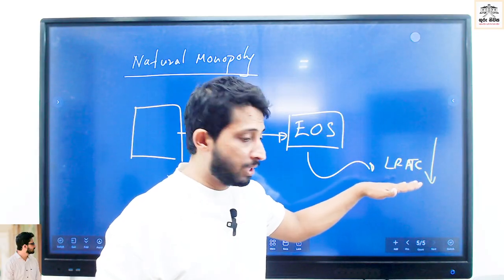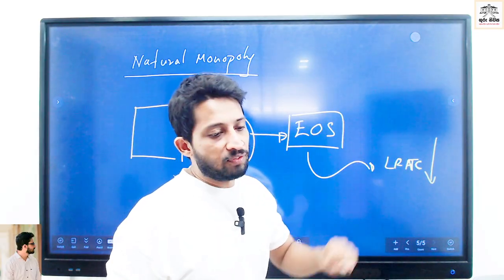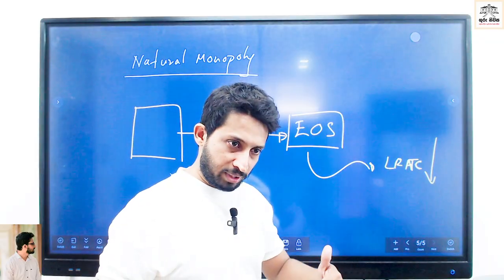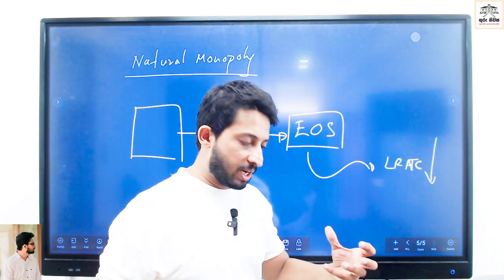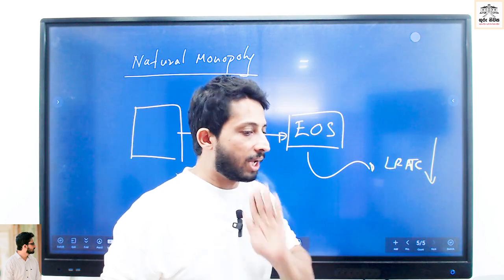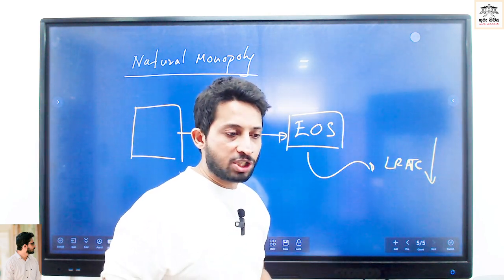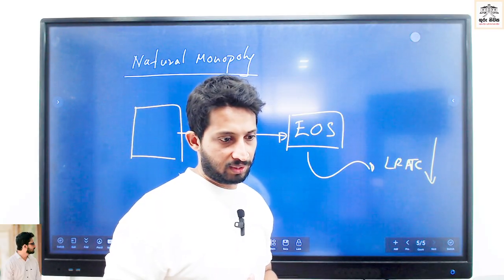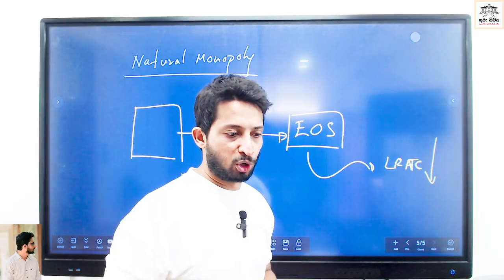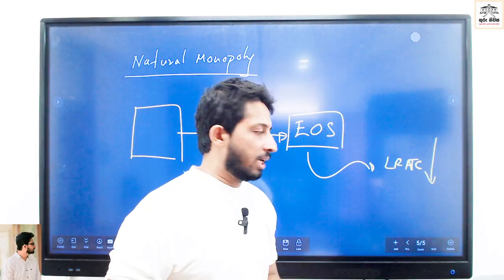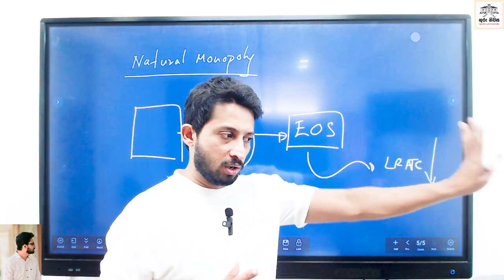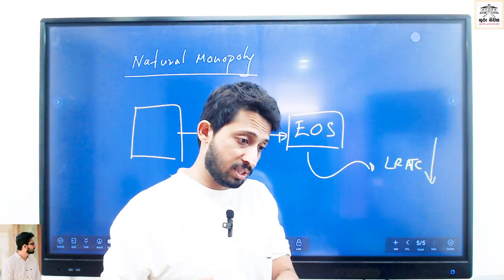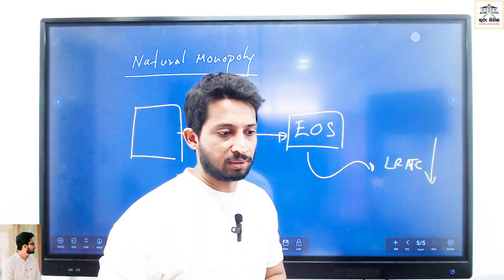Their average cost will be higher than the average cost of the existing firm. Did you get what I said? So this is called natural monopoly. Remember, this advantage is only for large scale firms in the monopoly market. I think you got the point.